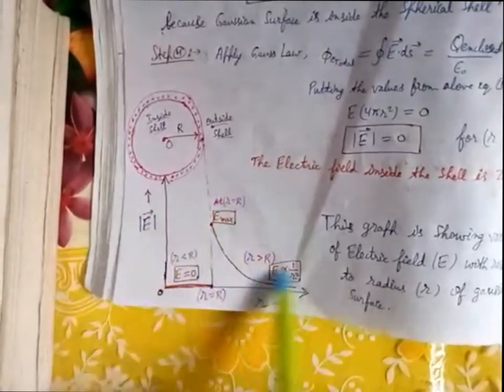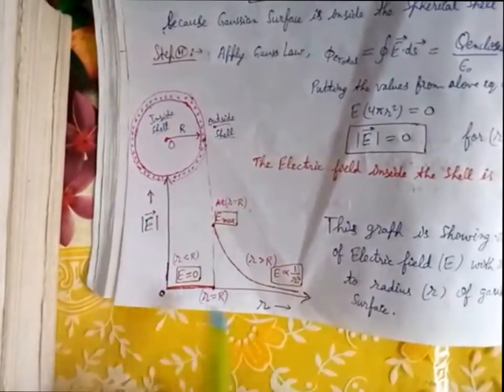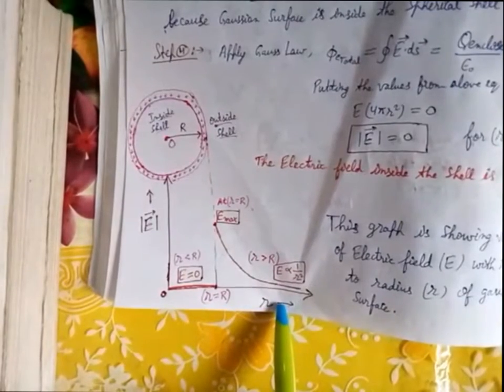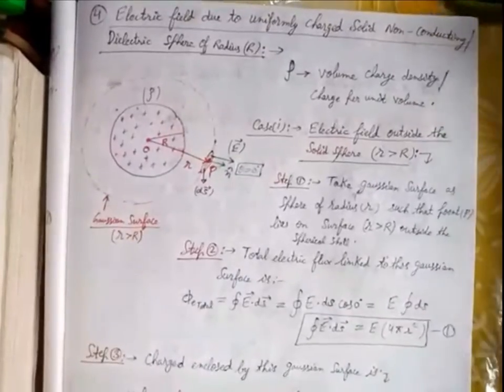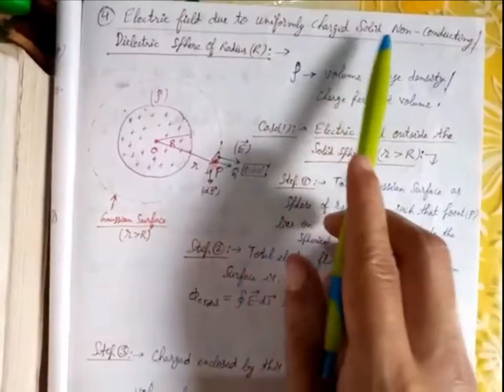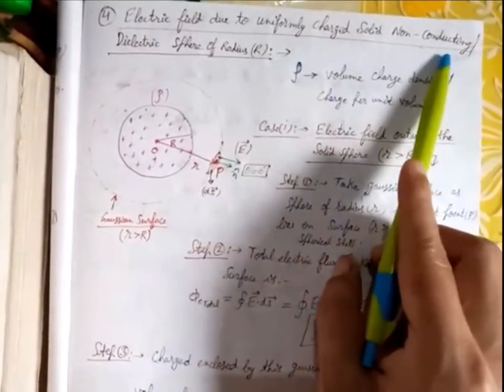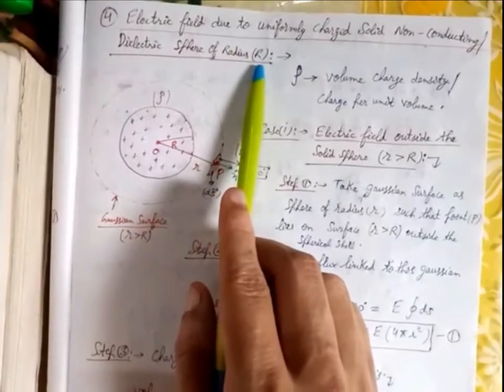This is the graph for hollow shell of the electric field versus distance or the radius of the Gaussian surface. That's all. Now the next topic we have to start, the electric field due to uniformly charged solid non-conducting or dielectric sphere of radius r.